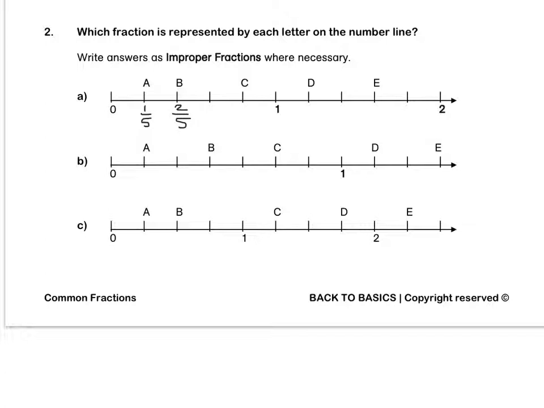There's 2/5. C is 4/5. Then D is going to be 6/5 as an improper fraction. And E, that will be 7/5, so E is 8/5. Pause this video to complete question 2 by yourself.